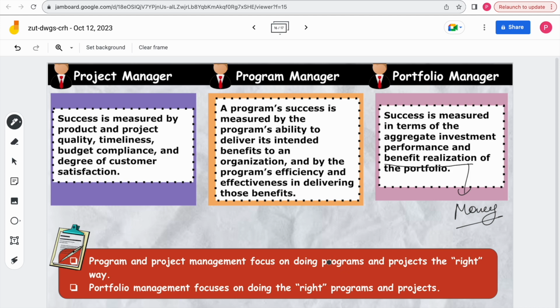So project and program managers see to it that all the projects and programs work in an efficient manner and in the correct, right way. Portfolio management focuses on doing the right programs and projects. So portfolio manager selects what projects we have to do, what programs we have to do, so that we will get the maximum benefit.